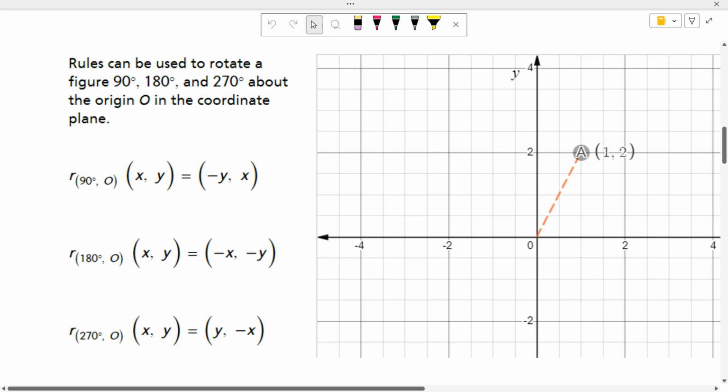A 270-degree rotation rotates it so the paper is there. What number is that? Well, it's positive 2, negative 1. How do we get that from here? Well, we started at (1, 2), so it's (2, negative 1). Okay? So having that on your note card is important, so you know which letter variable goes where and so on.